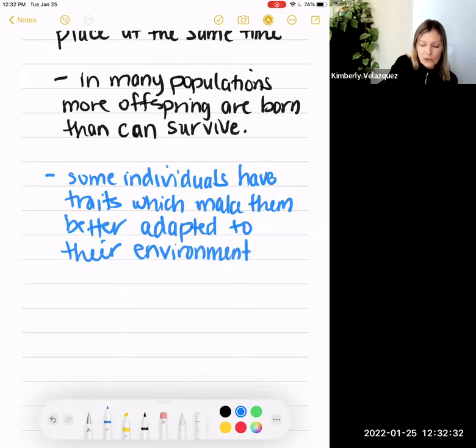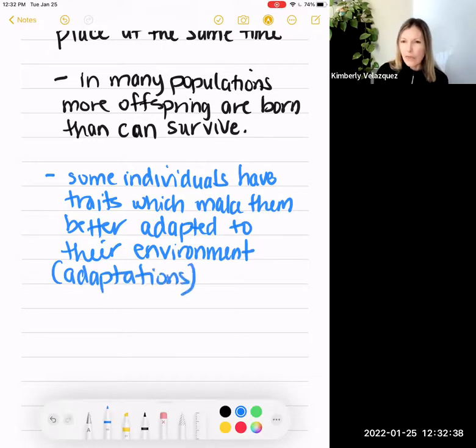And we call these traits adaptations. And those individuals with these adaptive traits survive and reproduce more, passing on those adaptive traits to their offspring.